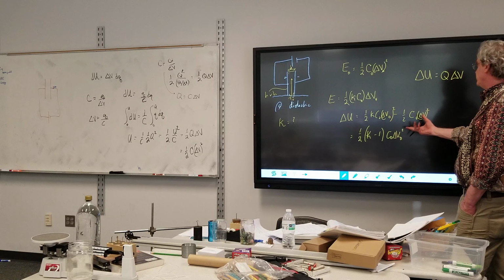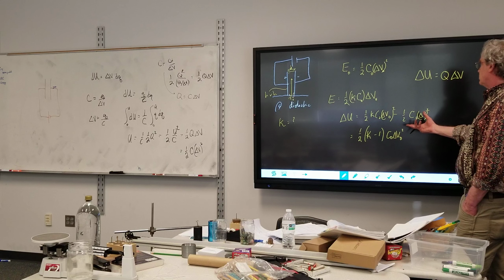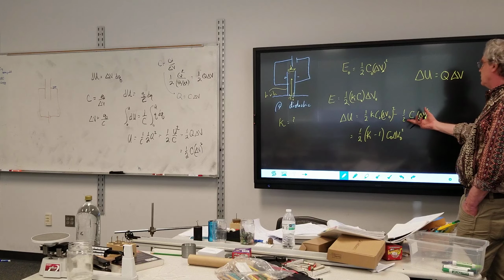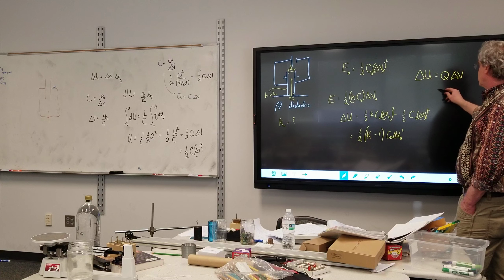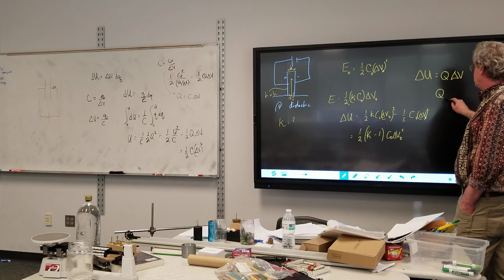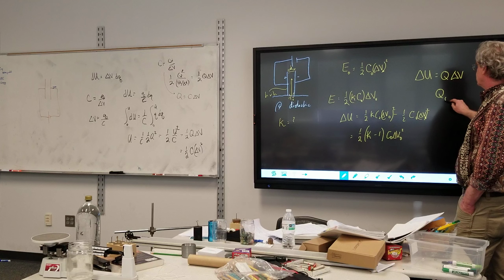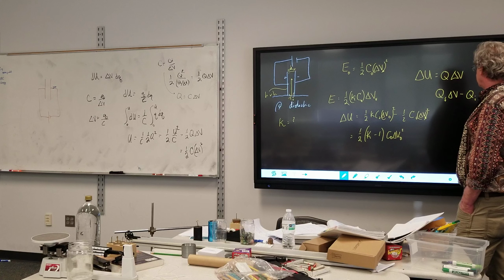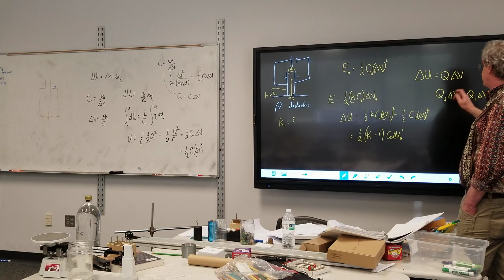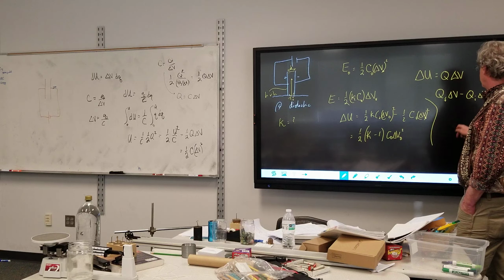And that's going to be equal to the change in energy, which would be Q final delta V minus Q initial delta V. The math notation is horrible here, but I'm going to go with it.